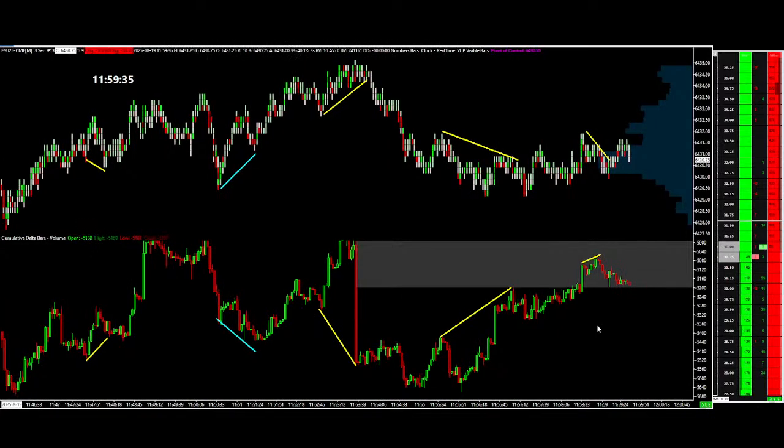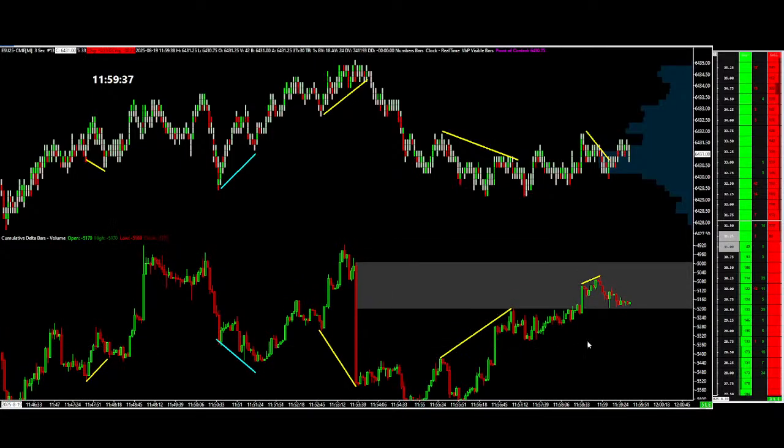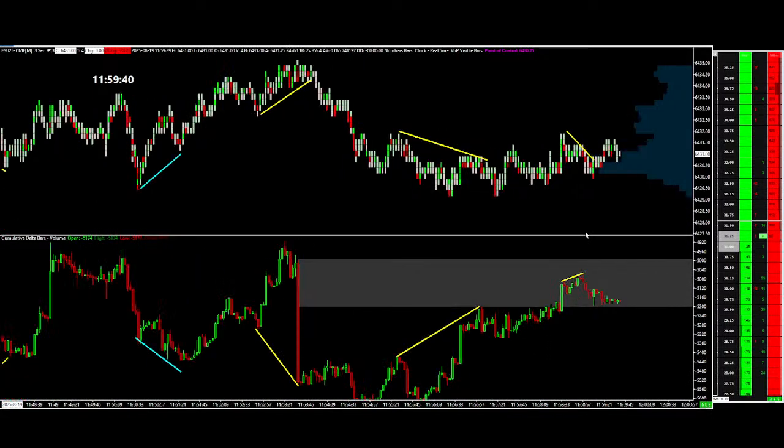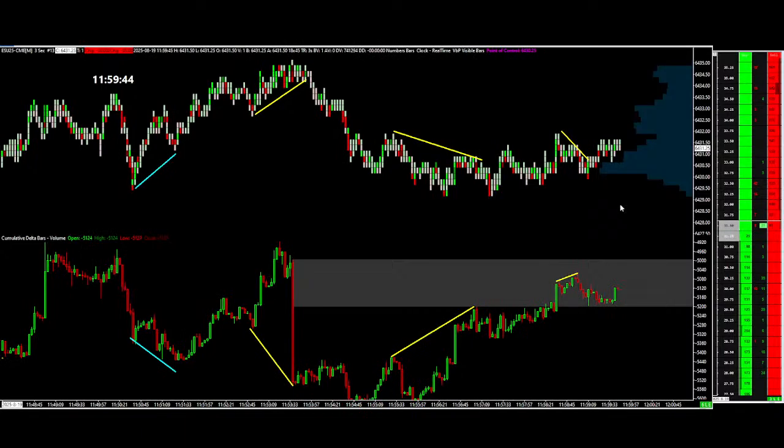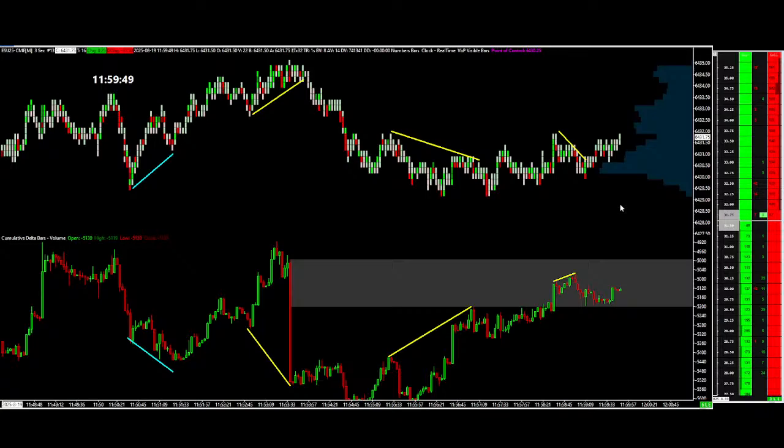Scroll to the left. I think you're not getting all your price action. Here. So they are breaching it again. If they put in a third divergence, look for a short.